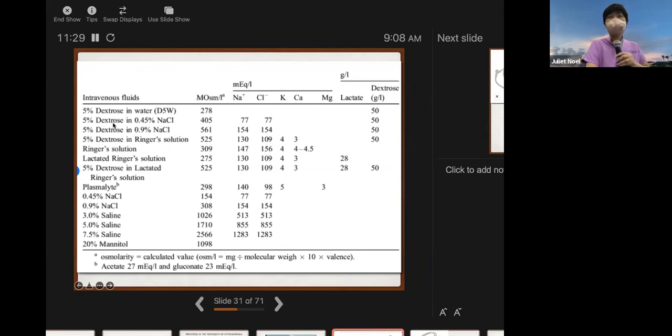With the half saline, they would remove 500 cc and infuse it with sterile distilled water. Then it becomes a half, 0.45. If you want it as a D5 water, then you put 500 of D5 water.